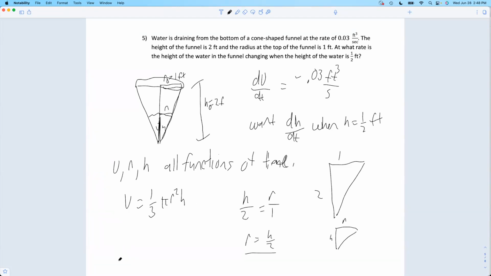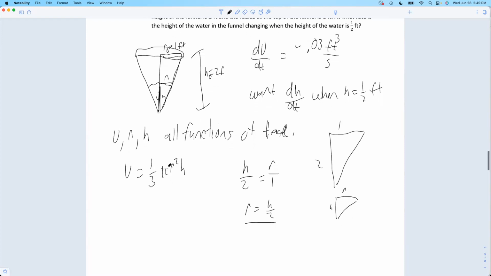That means I can write volume as just a function of H. Otherwise, if I didn't do this, when I start taking the derivative of both sides, I've got a product here. I would have to use product rule. And then at some point, I'm going to pick up a dr/dt. I would have to figure out how quickly the radius is changing, because that's not given.